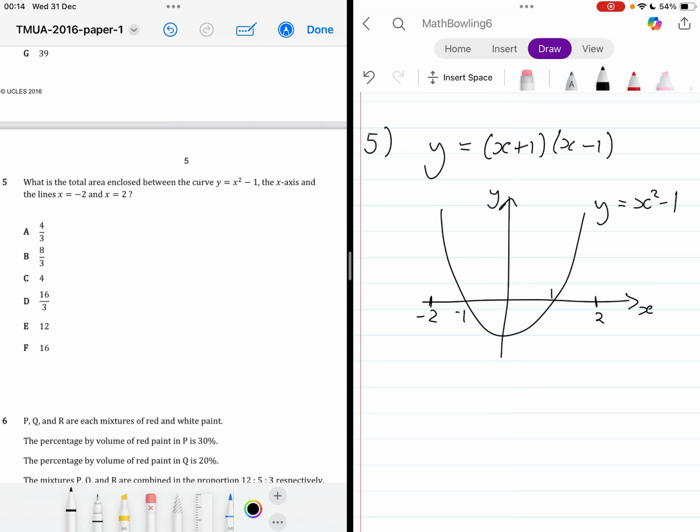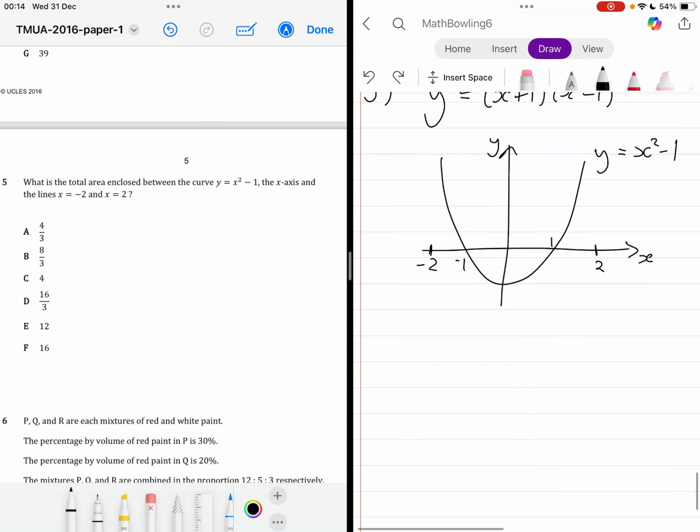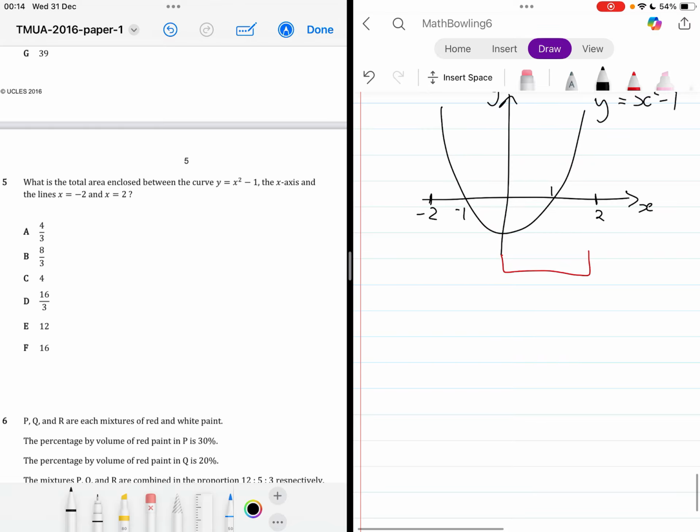So we can note that the area on this side is going to be the same as the area on this side. So when we're integrating it, we only have to integrate over these bounds and work out that area and then times it by 2. But because it's signed, we're going to have to do some moduluses. Moduluses? I think that's the plural.